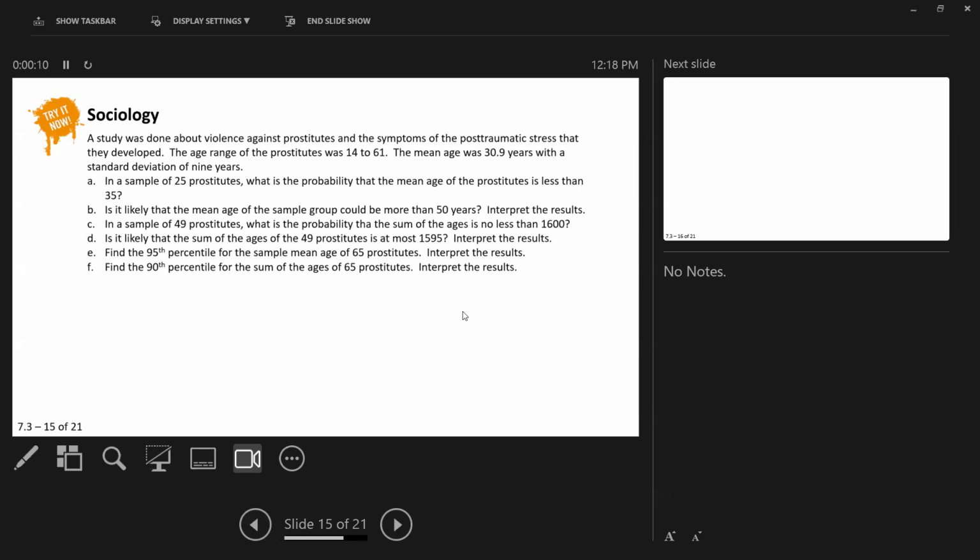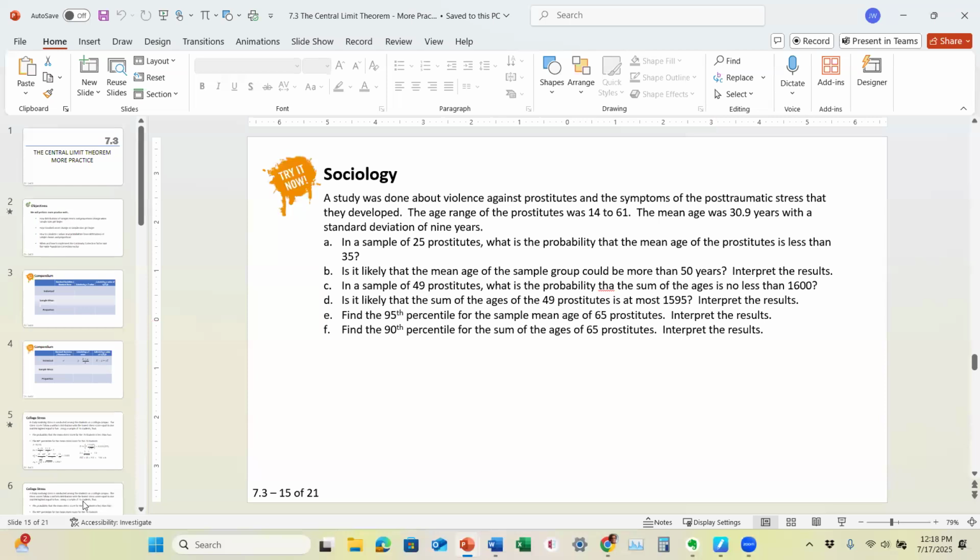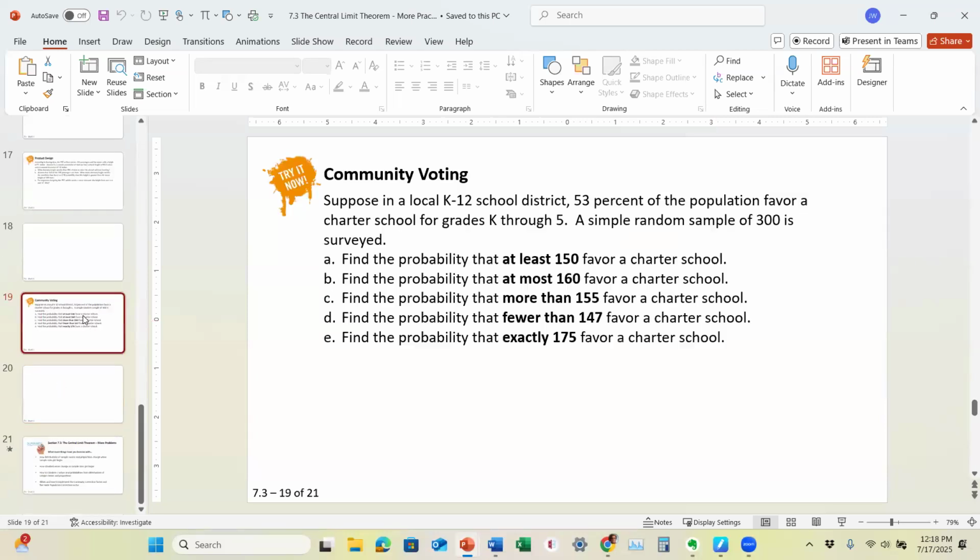The age range of the prostitutes was 14 to 61. Mean age was 30.9. Standard deviation of 9 years. In a sample of 25 prostitutes, what's the probability that the average age of the prostitutes is less than 35? That kind of thing. So, you know how to do this.